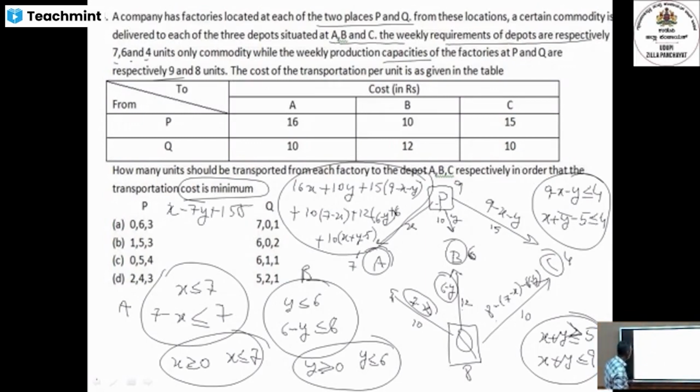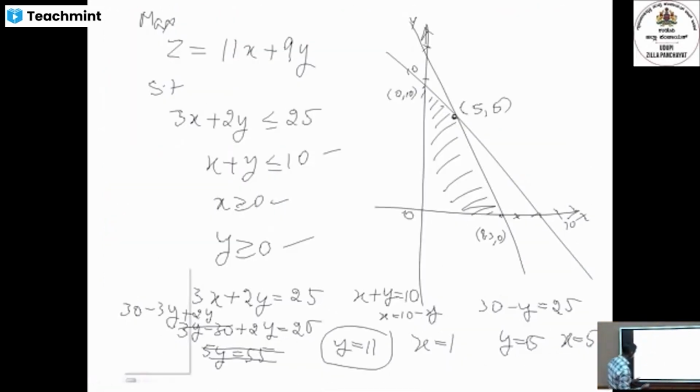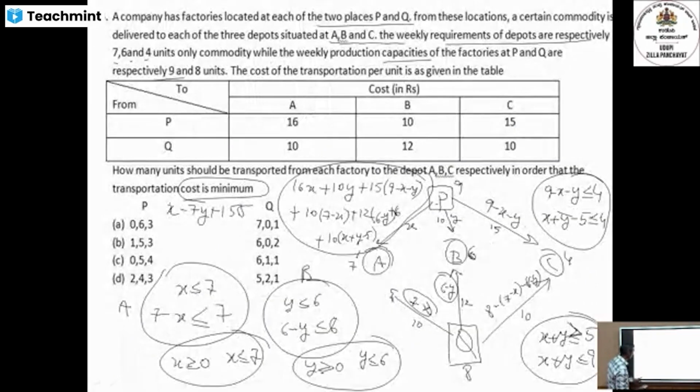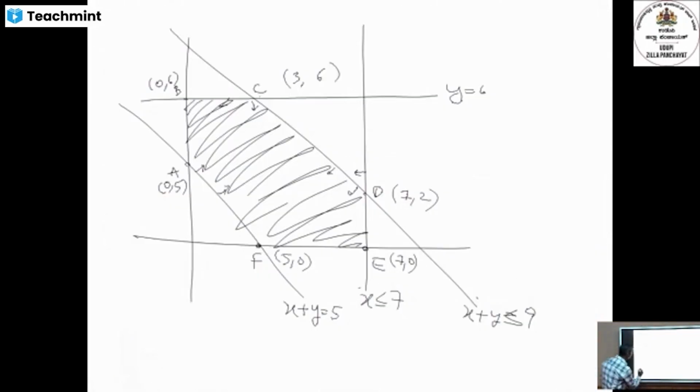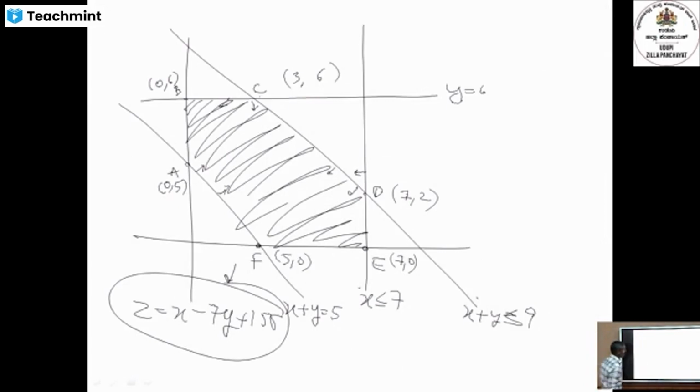So z is x minus 7y plus 155. You have to substitute the points into this function and get the minimum.